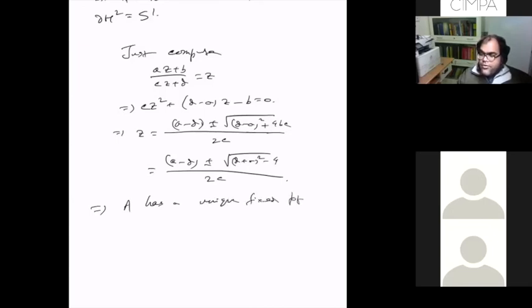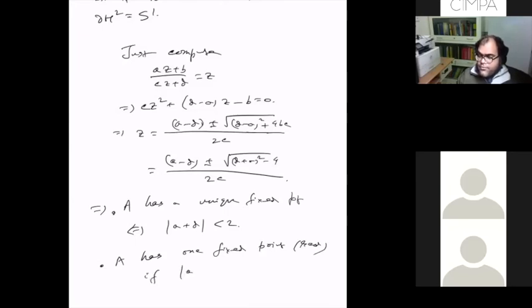So this implies A has a unique fixed point if and only if |a+d| is less than 2. A has one real fixed point if |a+d| equals 2. A has two distinct real fixed points if and only if |a+d| is greater than 2.